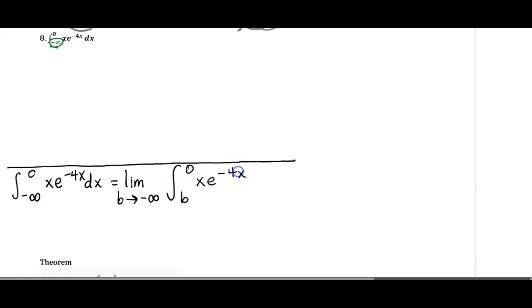So at this point, we need to be concerning ourselves with how we actually integrate this. To integrate that, we're going to have to use integration by parts from section 8.2, that tells us that the integral of u dv is uv minus the integral of v du.